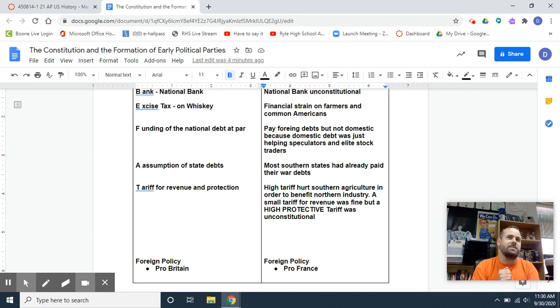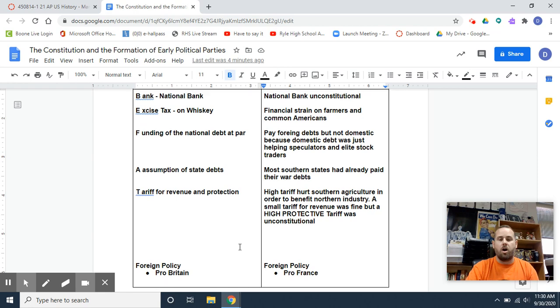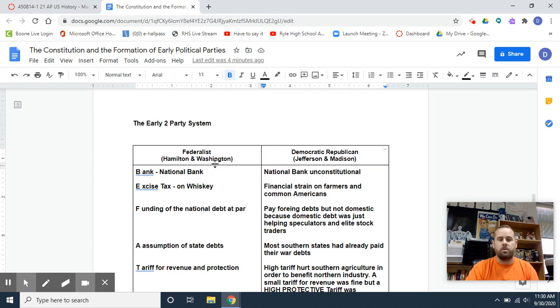This leads us into the discussion of things like the Neutrality Proclamation and Jay's Treaty and a few other events in the 1790s. We'll talk more about foreign policy next week, but I do want you to see that all of these were instrumental in forming the first two political parties in American history.